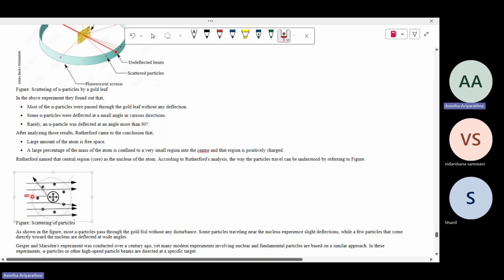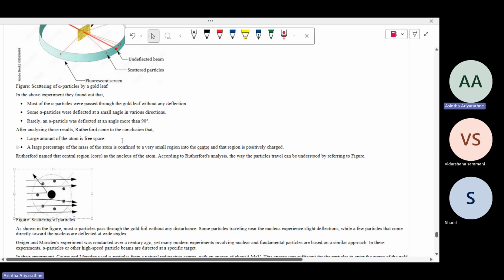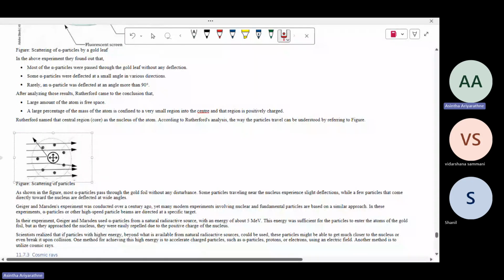Rarely means if an alpha particle comes directly onto the nucleus, it would get deflected much. So from this experiment, Rutherford identified that a large amount of the atom is free space. Here, all of this is free space. A large percentage of the mass of the atom is confined to a very small region in the center, and that region is positively charged.